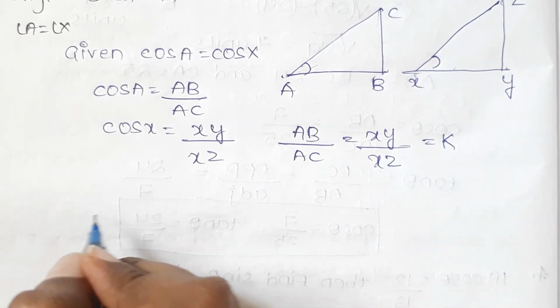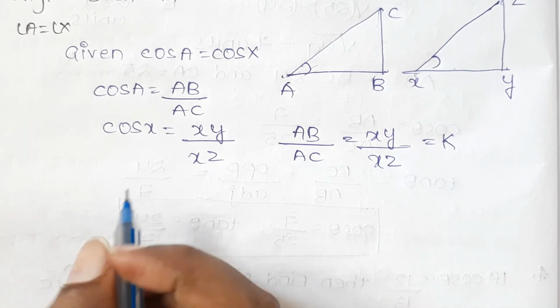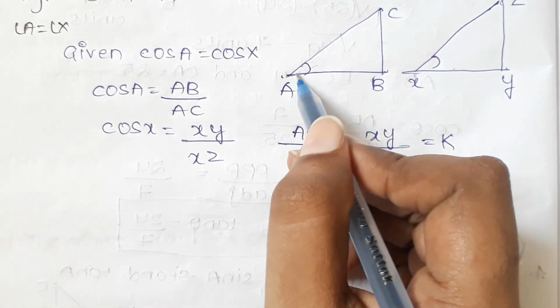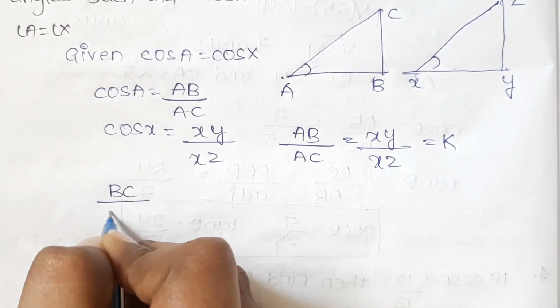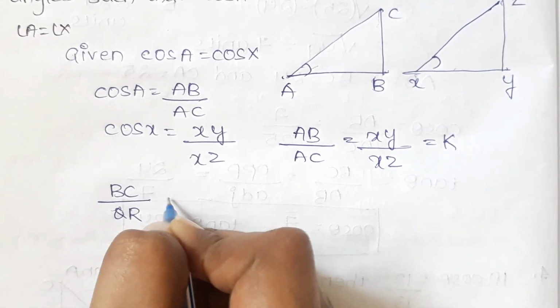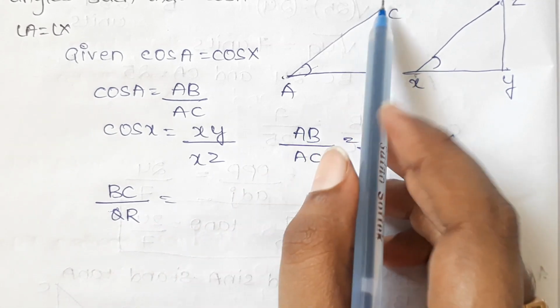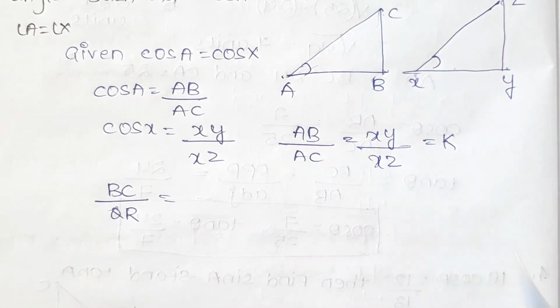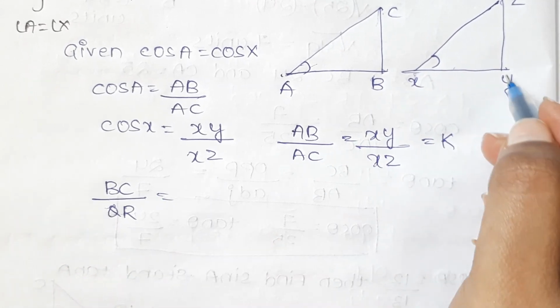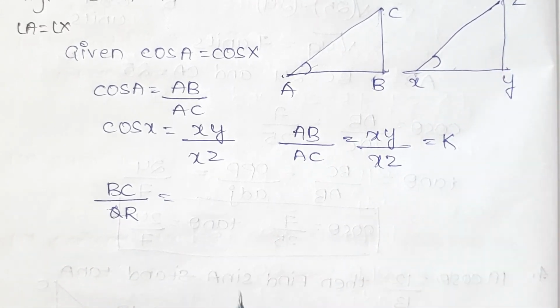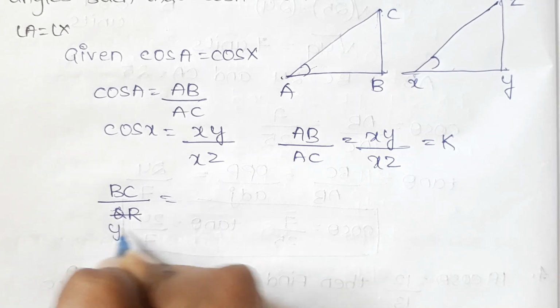Now by using Pythagoras theorem, from the two triangles, BC by YZ equals, here BC is nothing but BC, and here QR is nothing but YZ. Let us write it as YZ.